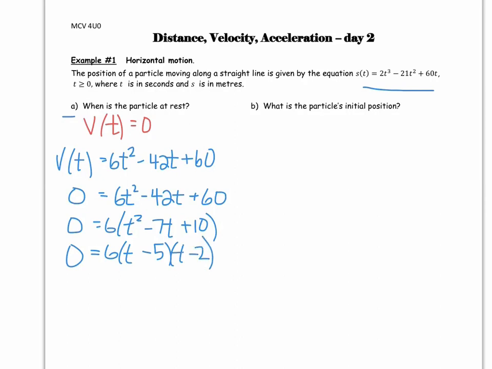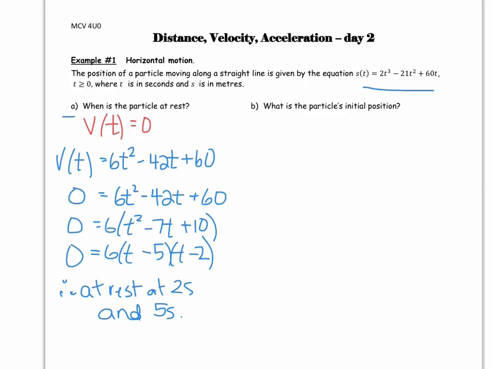Okay, and of course then I can see that the particle is at rest at 2 seconds and 5 seconds. Okay, and hopefully that makes sense and is fairly straightforward.